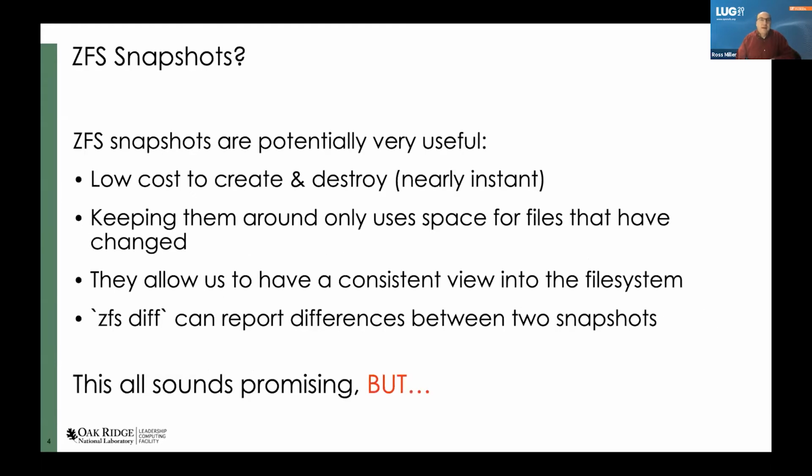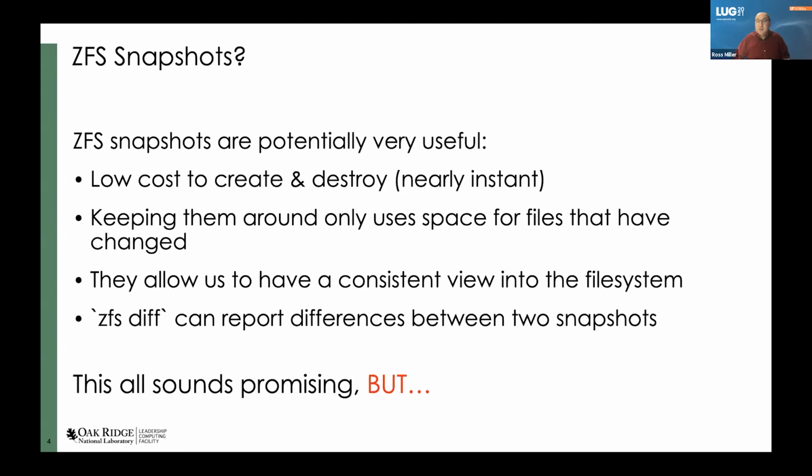So with that in mind, we started looking at ZFS snapshots. These looked particularly like they had a lot of potential for us. In general, ZFS snapshots are very low cost to create and destroy.